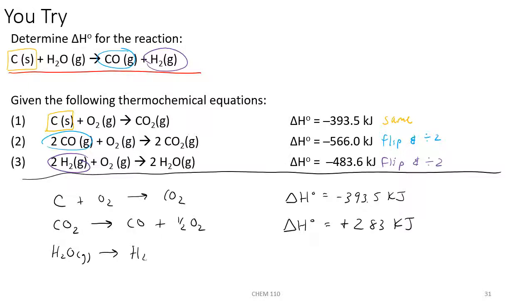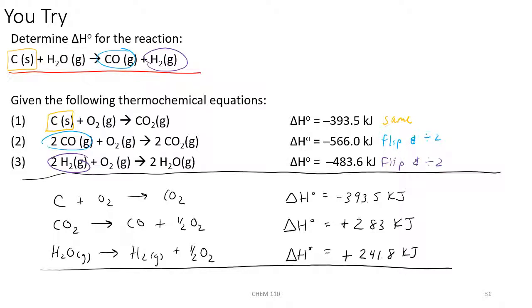We're going to have 1 mole of H2 gas plus 1/2 mole of O2 gas. Our delta H, we had negative 483.6. Our negative will become a positive, and we're going to have to cut that in half, so it'll be positive 241.8 kilojoules.